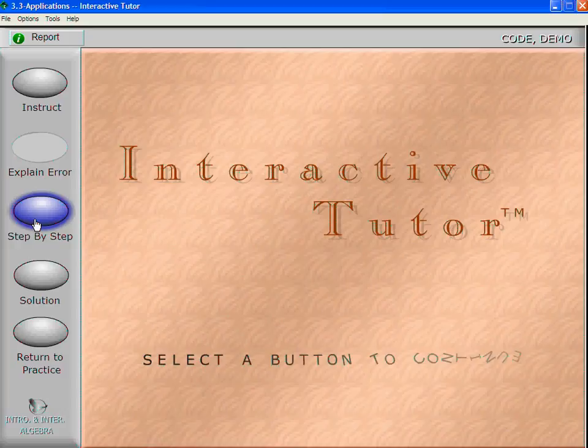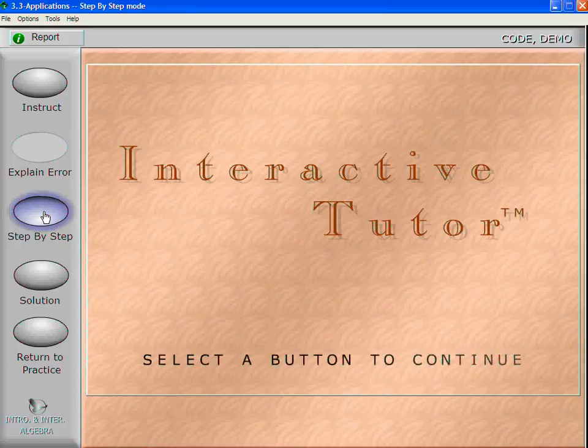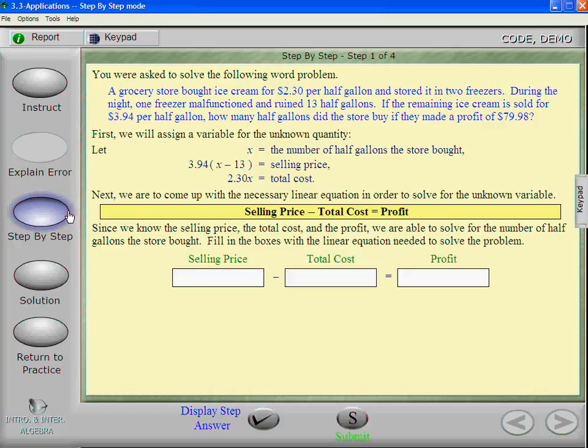Basically, we're going to try to identify the pieces in this example and give labels like they have. Looks like they're doing that right here. Labels to the algebra. The question is, how many half gallons did the store buy? So x is the number of half gallons the store bought. Assign a variable to the direct question there. And then try to decipher the relationship.